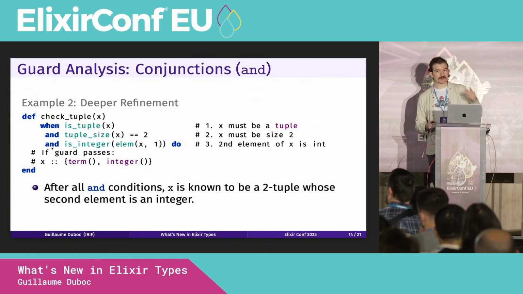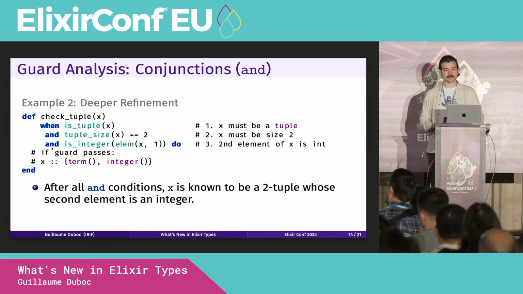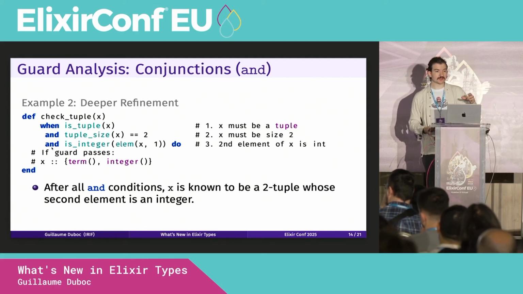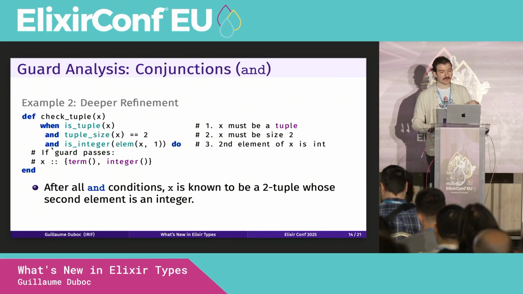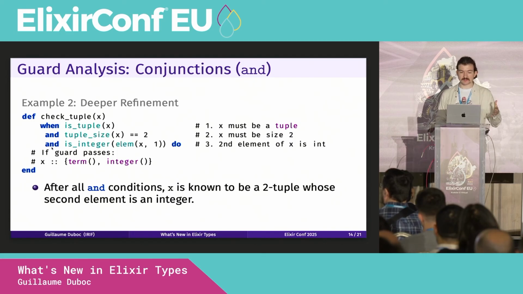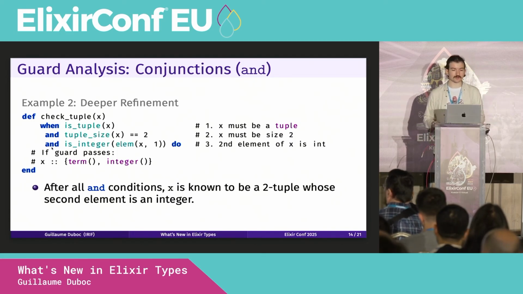Because we have composite types, we can go deeper into that, and we can add that we want the second element of X to be some integer. And now, with this deeper refinement, we'll have that X is actually a pair of term and an integer.